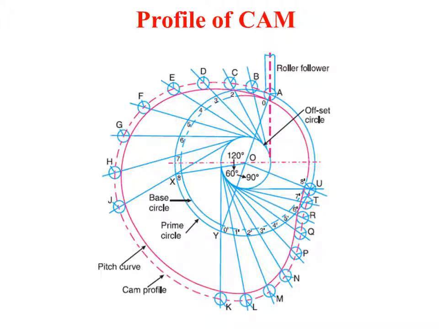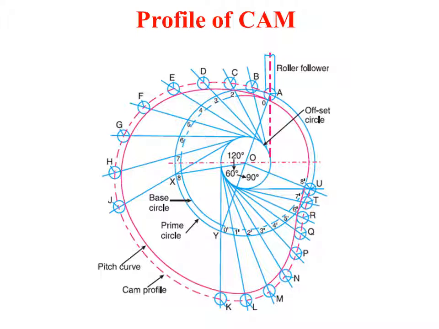So here the base circle radius is 50 mm, so 50 plus the radius of the follower. In the problem they mention the diameter of the follower is 10 mm, so the radius will be 5 mm, so it will be 55 mm. So with O as the center, first draw a base circle of 50 mm radius, and next, again with O as the center, draw the prime circle with 55 mm as the radius.